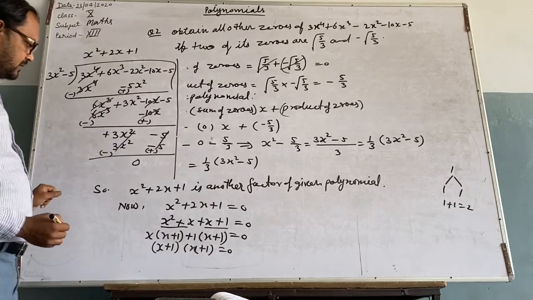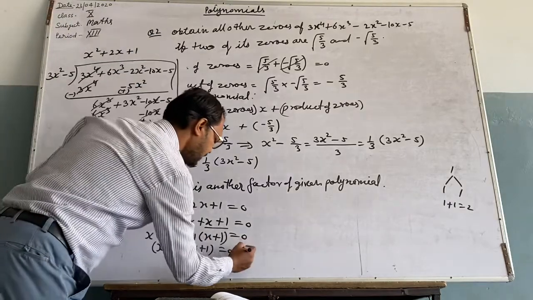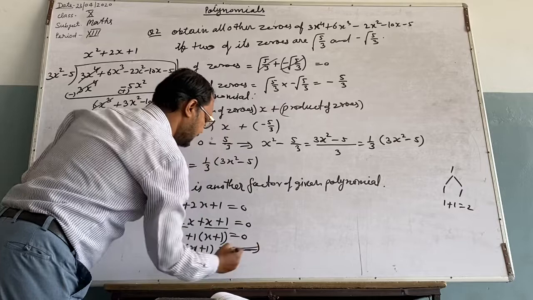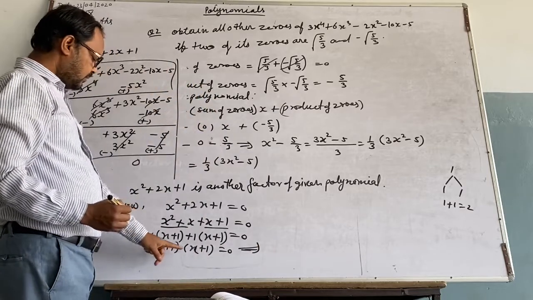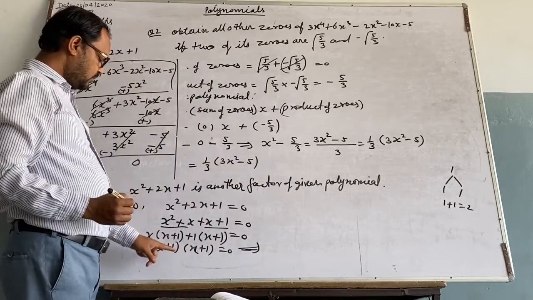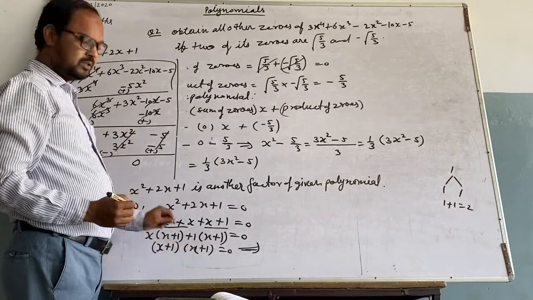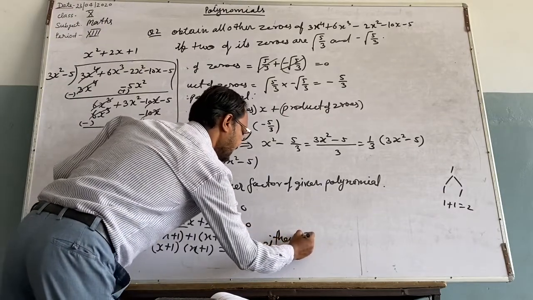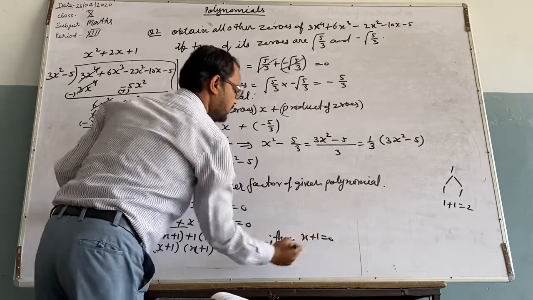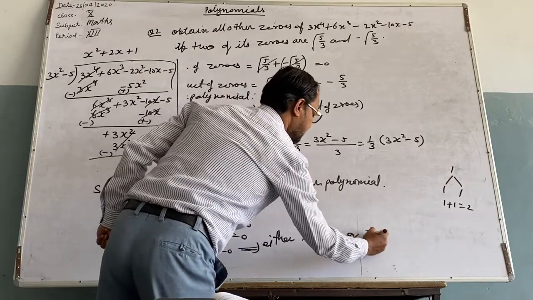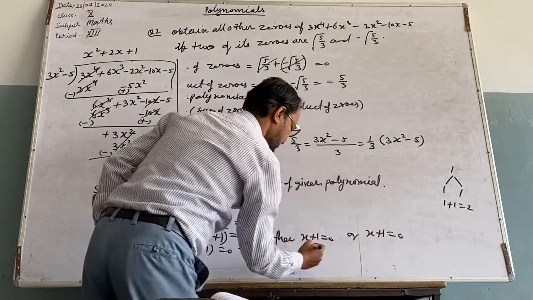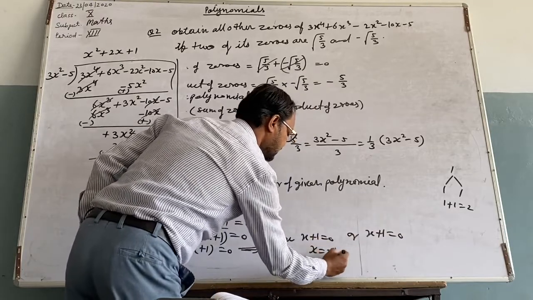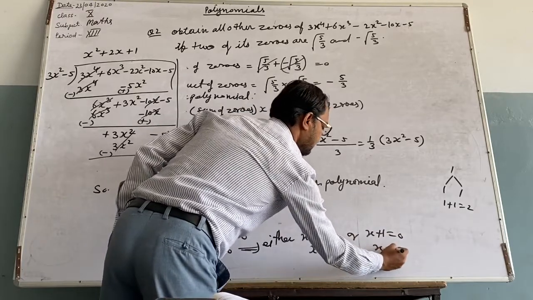Right? It means that as we had in last classes, one of these two factors will always be 0. So either x plus 1 equal to 0 or x plus 1 equal to 0. So x will be minus 1 or x will be minus 1.